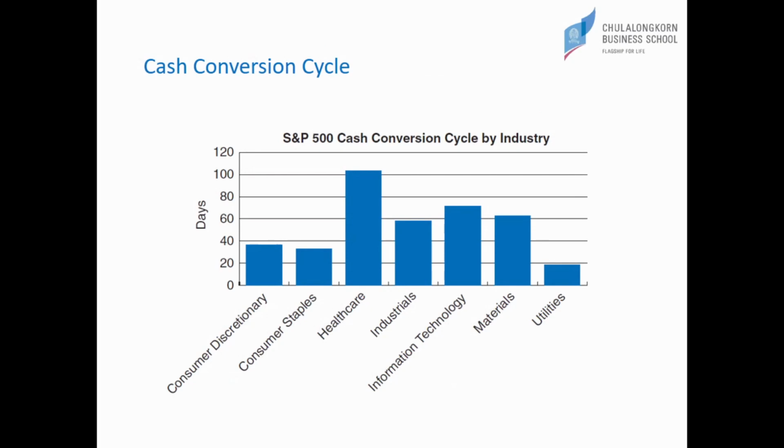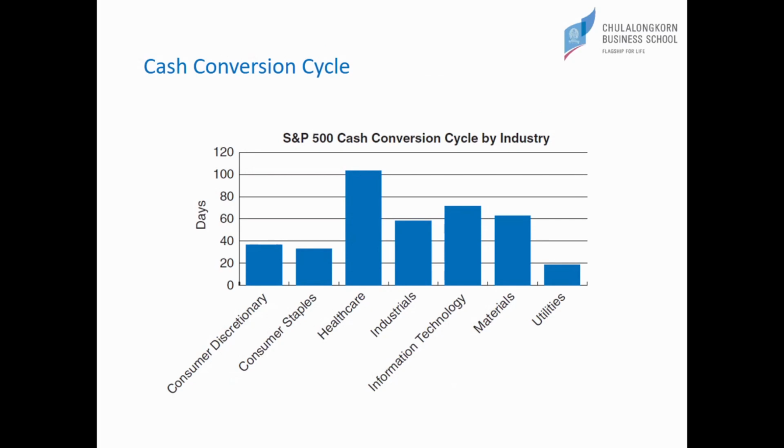But when you look at the utilities industry, it's only around 20 days. It's because these utilities companies tend to build in advance sometimes, and after it gets built, it'll be paid almost immediately. Like when you use electricity at home and you get charged, this money will be automatically deducted from your account, right?